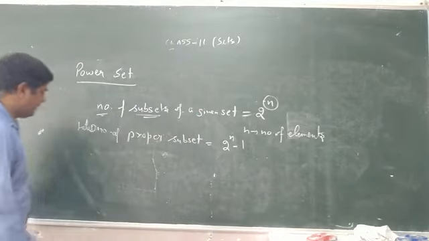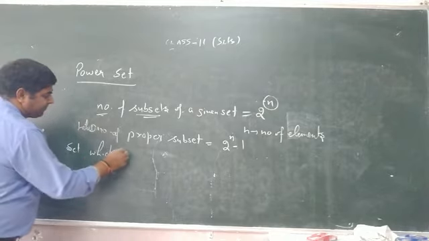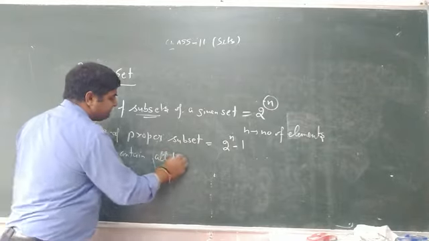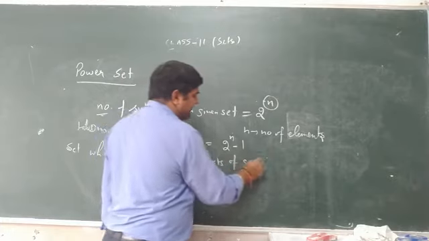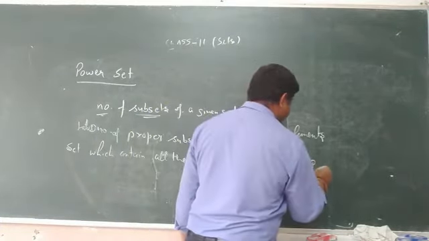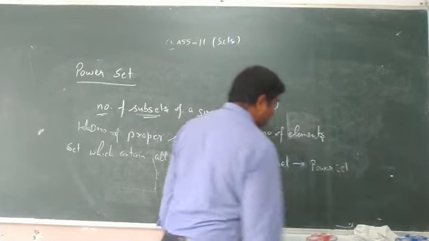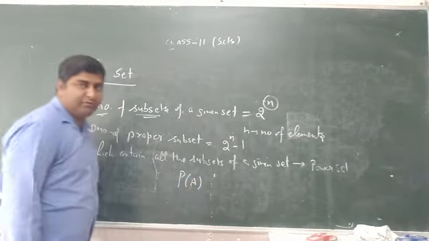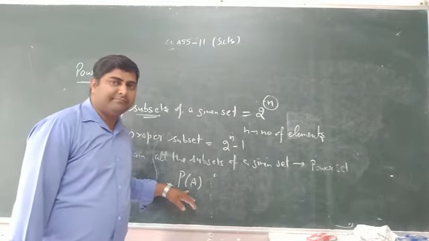And the set which contains all these subsets of a given set is called the power set. The power set is generally represented with P(A), P(B), P(C) and so on. That is the representation of a power set.